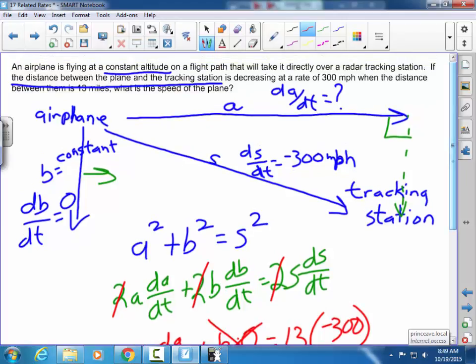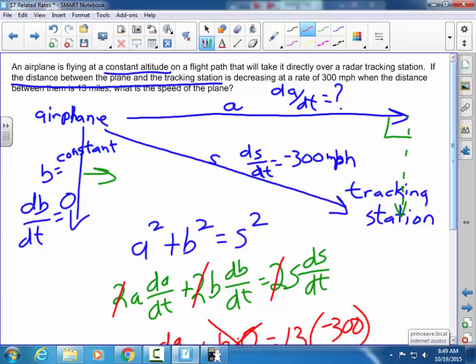Can we find A? I don't see enough information to grab something here. I don't think we can figure out what A is right now. So I think I needed to give you more information on this problem.